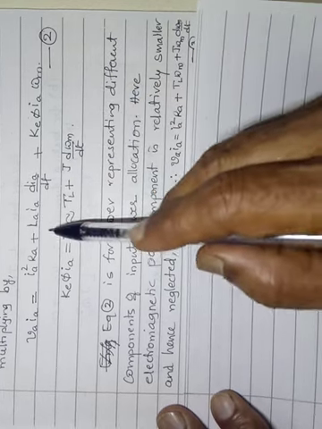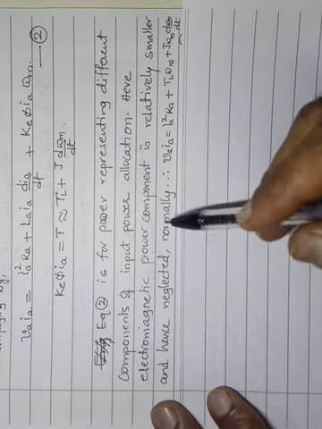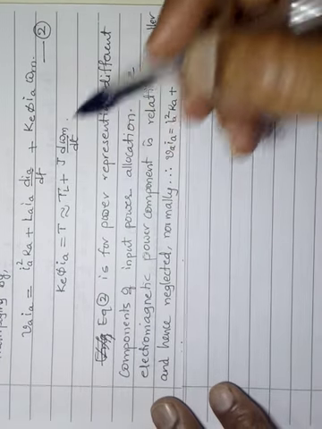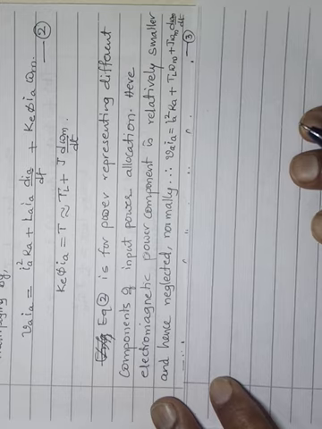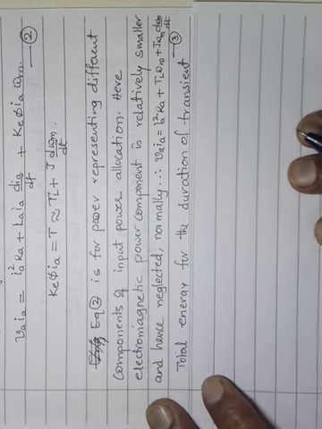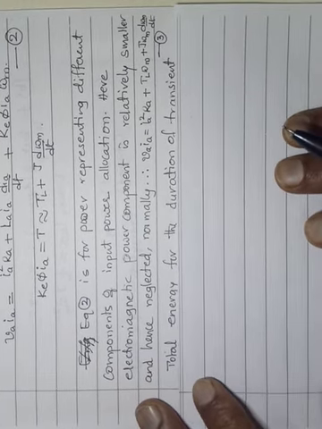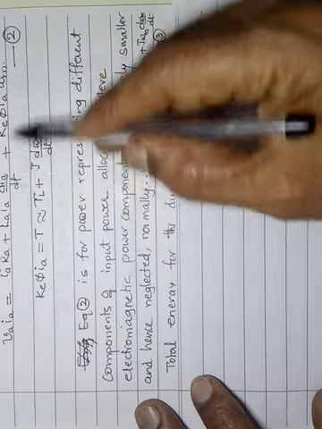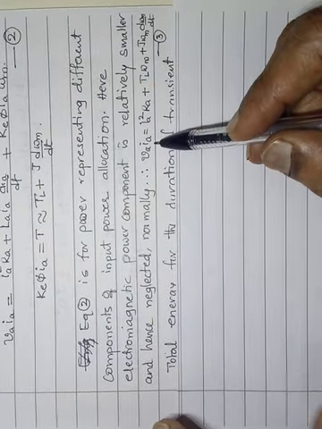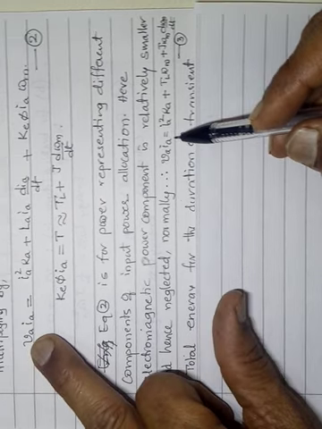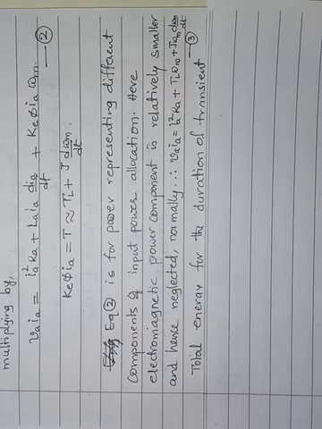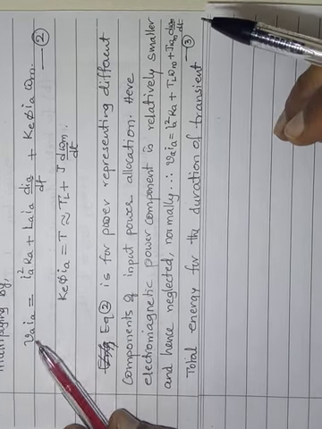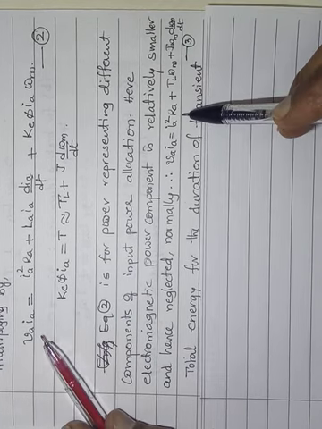And in this, the electromagnetic power component is relatively less. Hence, we can put VA IA equal to IA square RA.